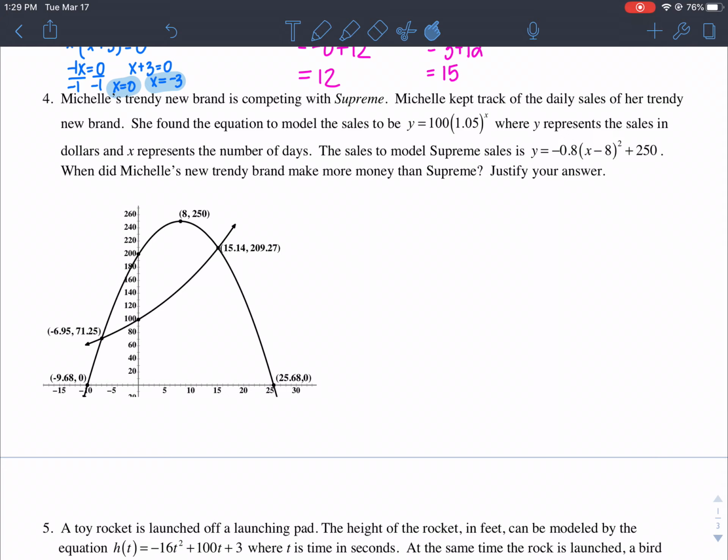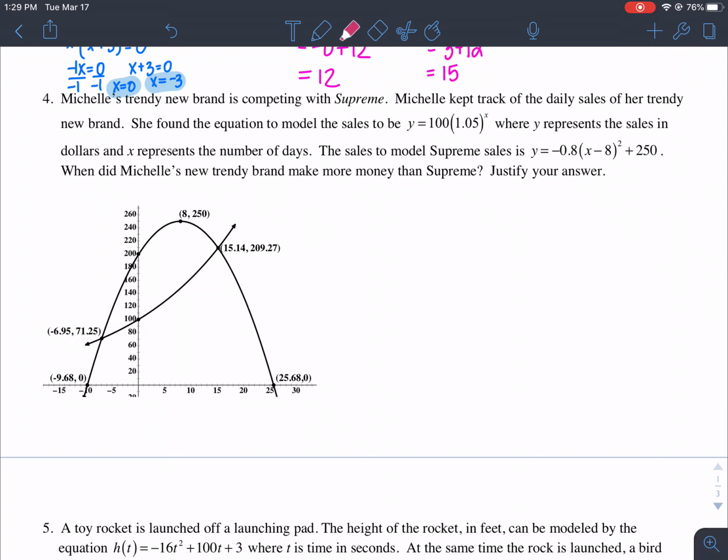So Michelle's trendy new brand is competing with Supreme. Michelle kept track of her daily sales of her trendy new brand. She found the equation to model the sales to be y equals 100 times the quantity 1.05 to the x.